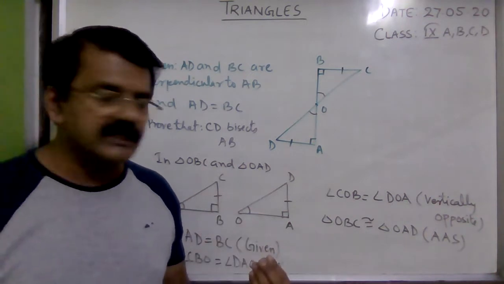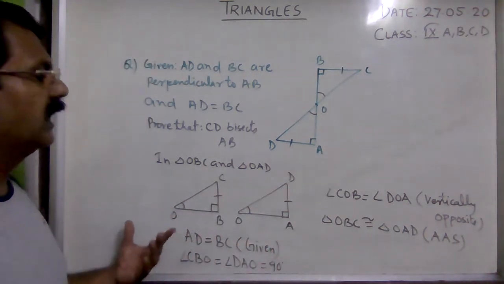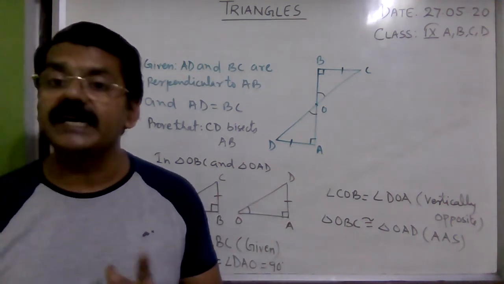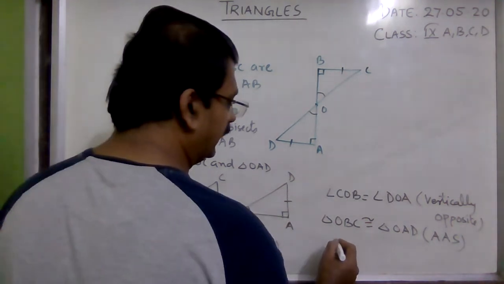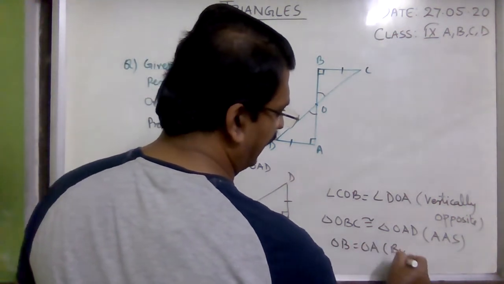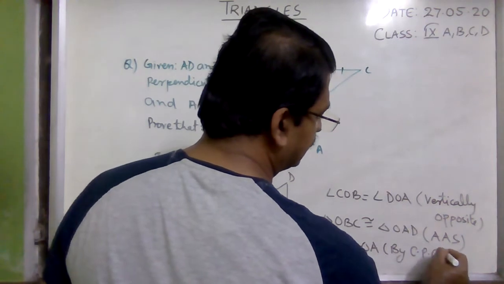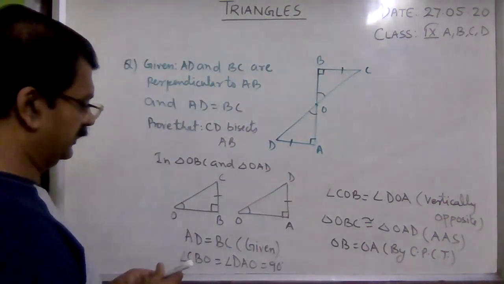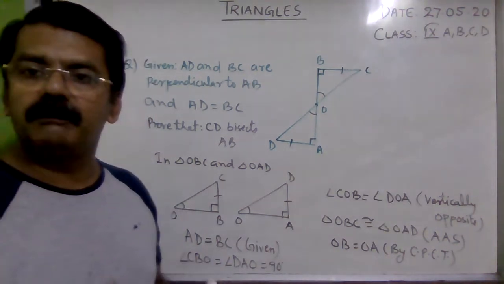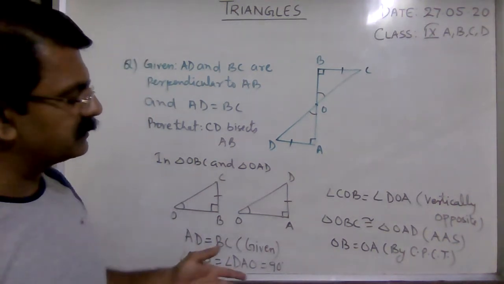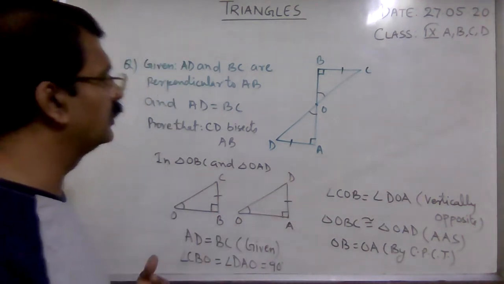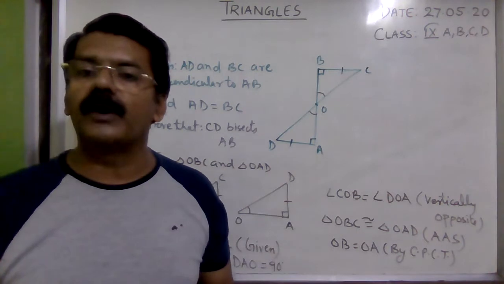So by AAS congruency, these two triangles are congruent. And once it is proved that the two triangles are congruent, we can say that OB is equal to OA by CPCT. Since OB is equal to OA, that means O is the midpoint of AB.